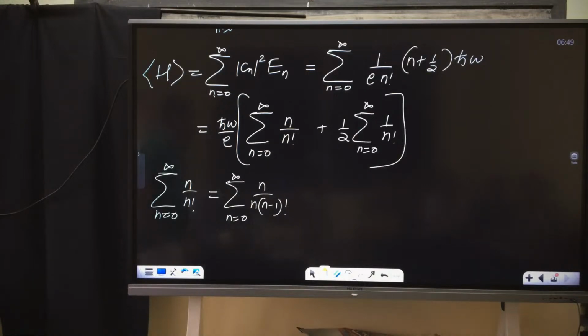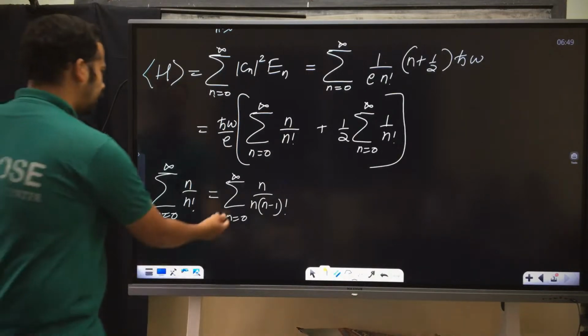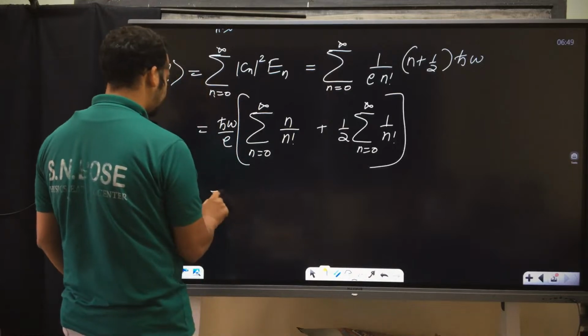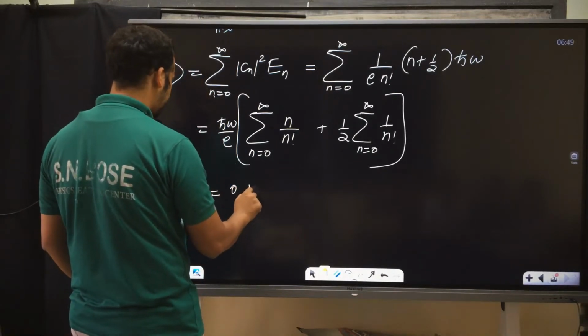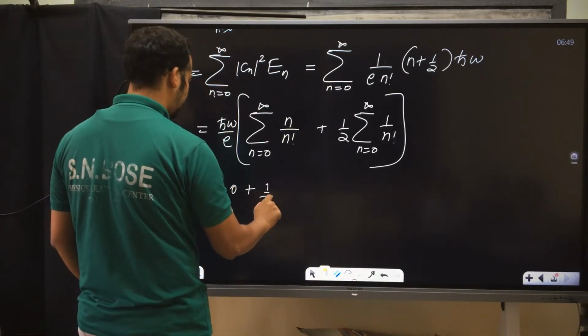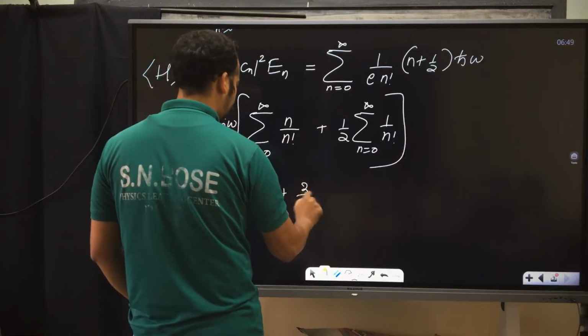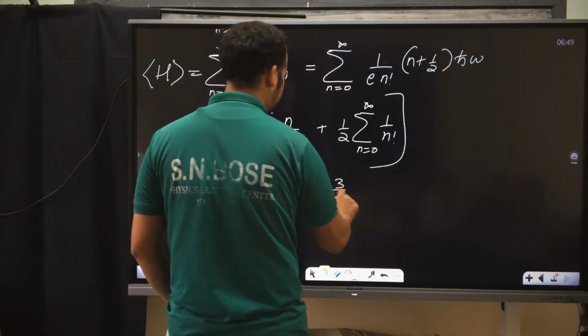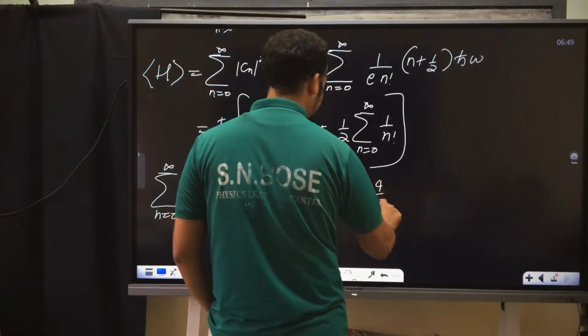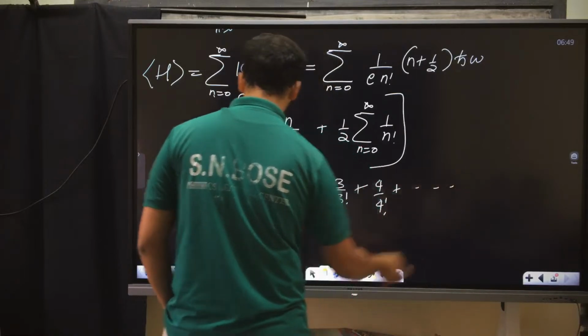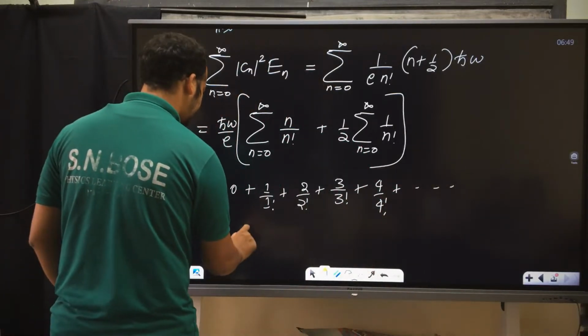We can simply expand. We'll get 0, then first term 1 by 1 factorial plus 2 by 2 factorial plus 3 by 3 factorial plus 4 by 4 factorial and so on. There are infinitely many terms. This term is 1.